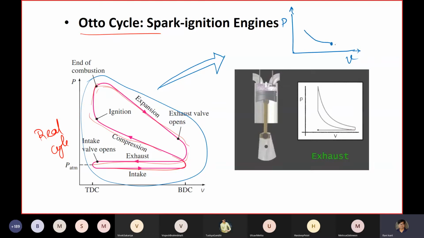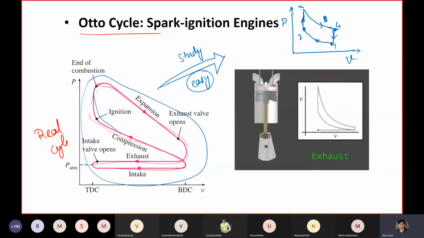So we start from 1, isentropically we go to 2, then volume is kept constant to 3, then we come back to 4, and then isochorically we come back. So we replace it in order to study things in an easy manner. Not only easy, but also thermodynamically it makes the same sense.